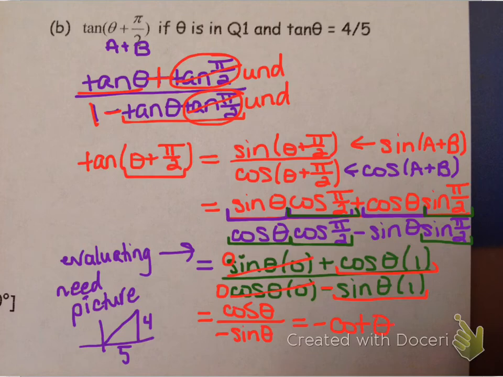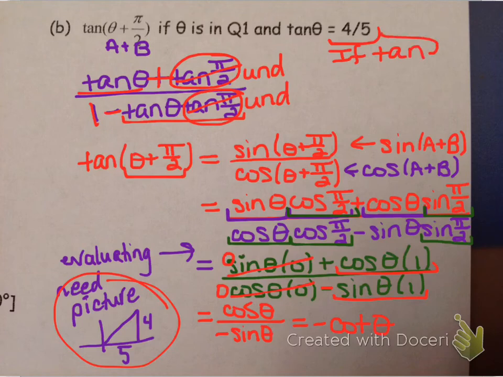Now the reason that helps us, we don't have to do this whole picture drawing part over here, is up here at the top, we were given our tangent value. So if tangent is this number, then negative cotangent means just take this number, flip it over, and make it negative.